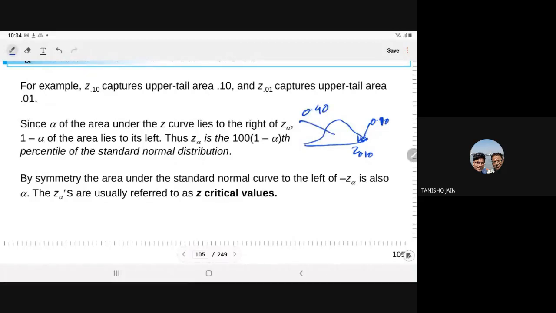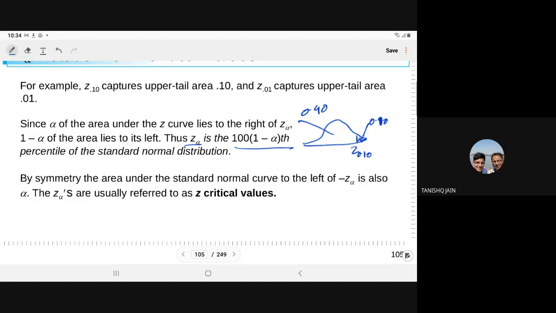And 0.90 is the percentile. Here you can correlate the Z alpha with the percentile. Thus Z alpha is the 100 times 1 minus alpha percentile of the standard normal distribution.